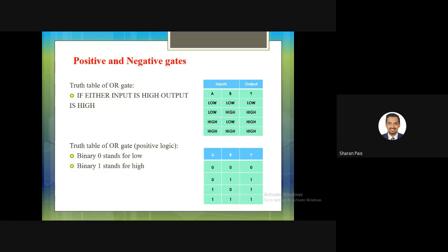If any one is high or both are high, then the OR gate output will be high. So these three you can see. The first one, both A and B are low. The next three are low and high, high and low, and both are high.